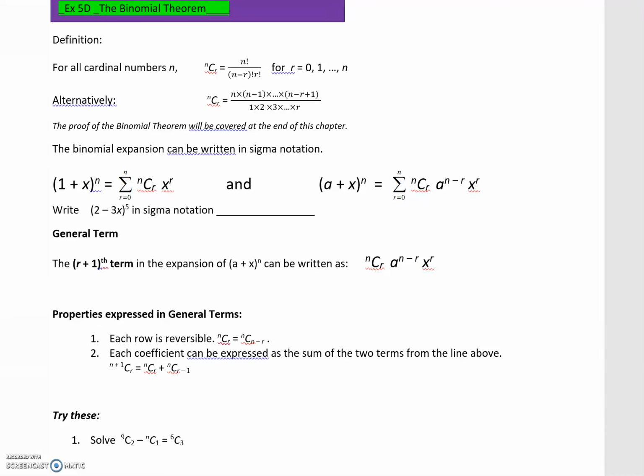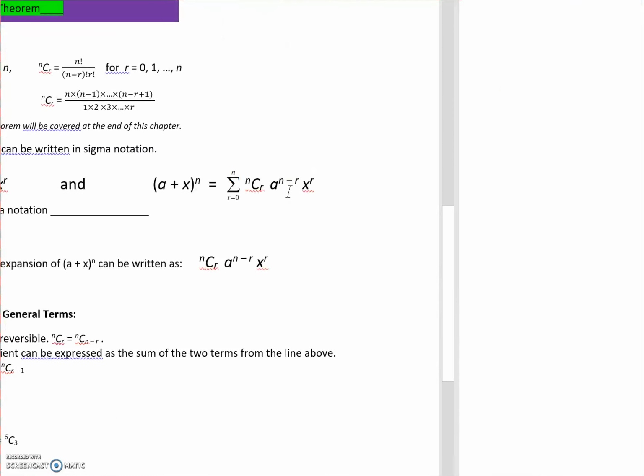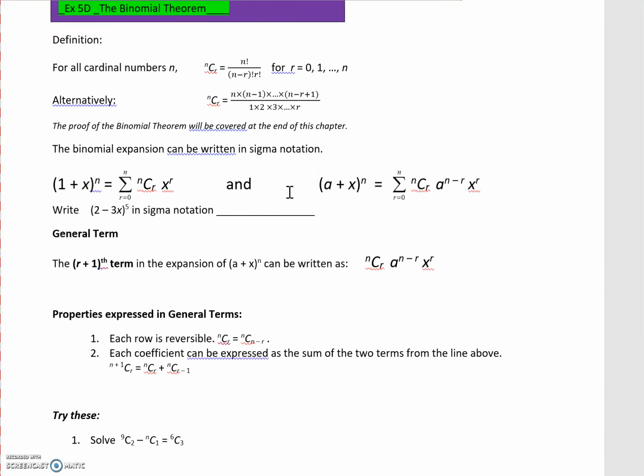Exercise 5D now actually looks at the complete calculation or definition for the coefficient, which is defined in terms of nCr and is actually called the binomial theorem.